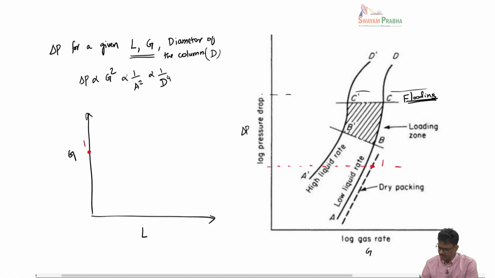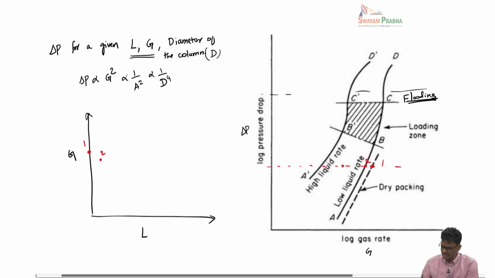Now, along the line I move to finite liquid flow rate. When I move from 1 to this point 2, the liquid flow rate has increased, but the gas flow rate has decreased. So I can mark point 2 somewhere here.